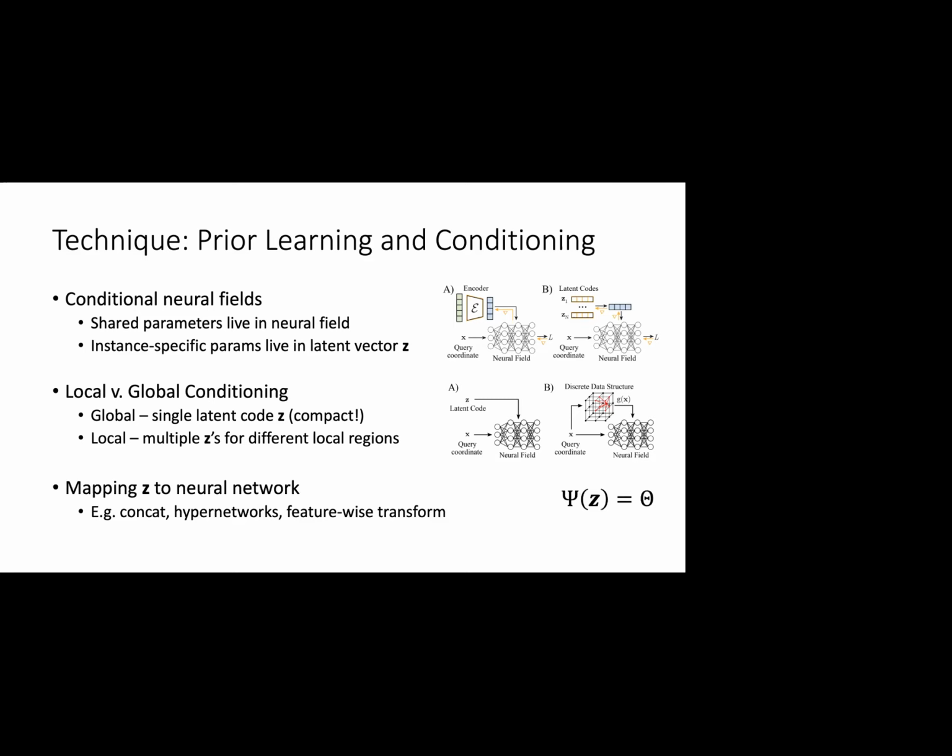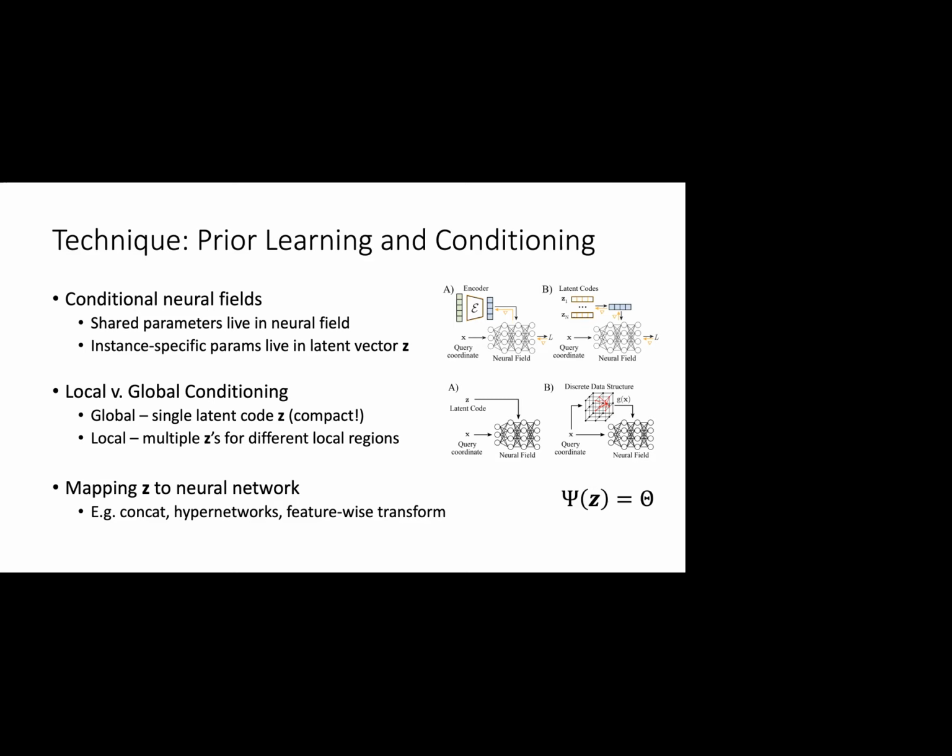And then finally, the last part in this section was talking about, okay, so you've got this latent vector that is encompassing all the stuff that we don't want to deal with. How do you then turn it into a neural network? And they've got a couple examples here, but the core idea is that you have some function psi that you dump your latent vector in, and then you get out neural network parameters.